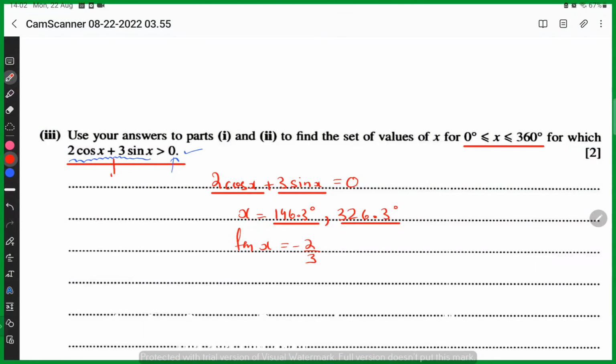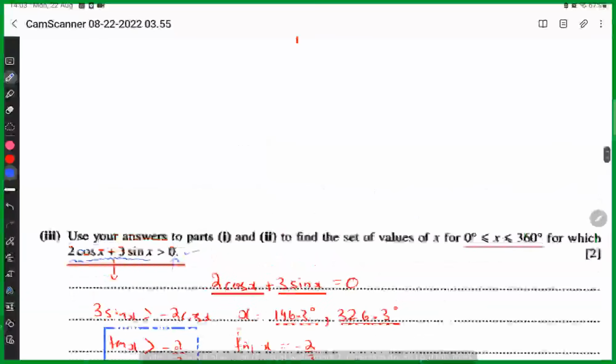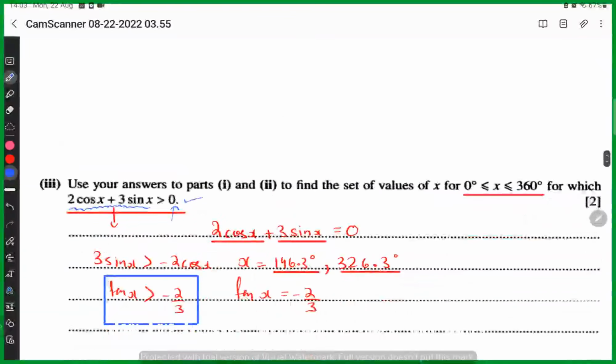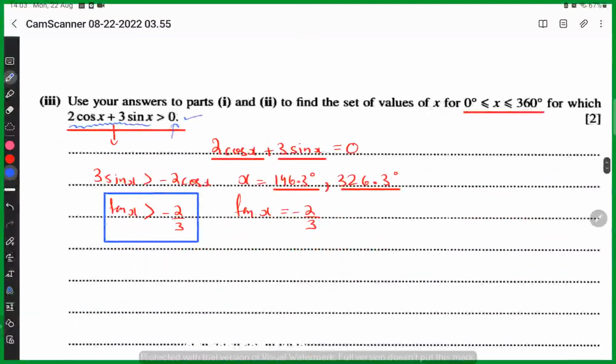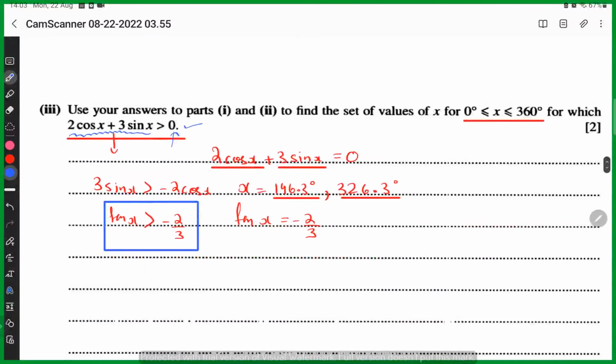Simplifying, 3 sin x is greater than minus 2 cos x, and this becomes tan x is greater than minus 2 by 3. This is the inequality that I am getting for the third part. So can you tell me what exactly is going to be the answer?